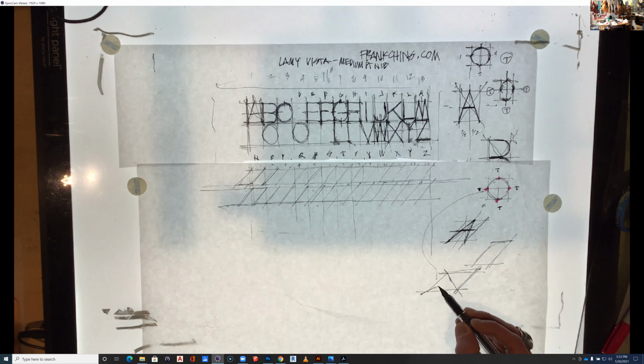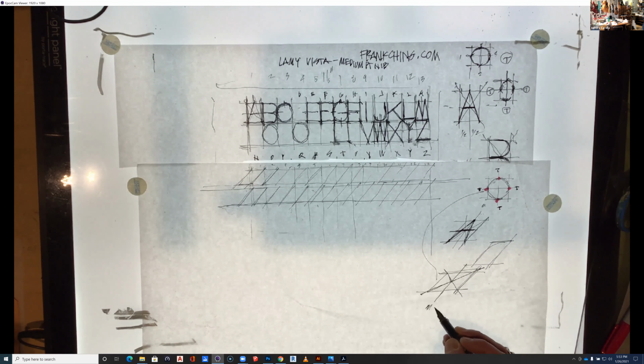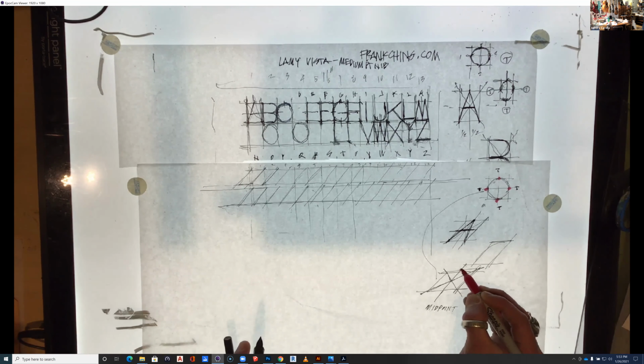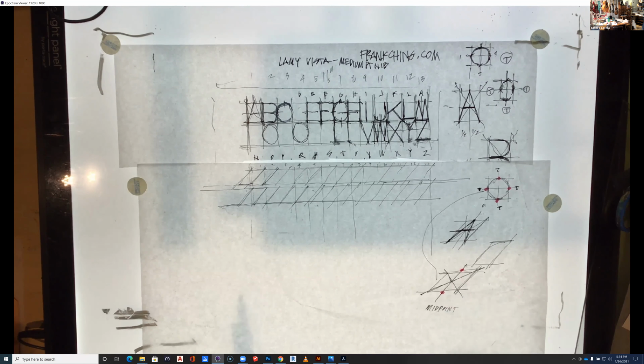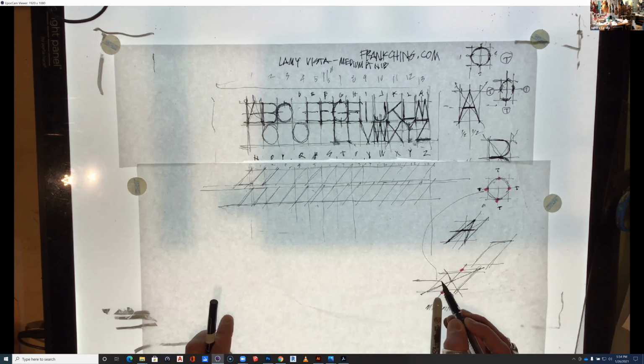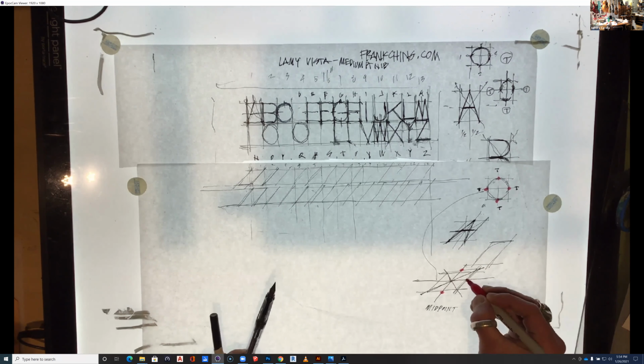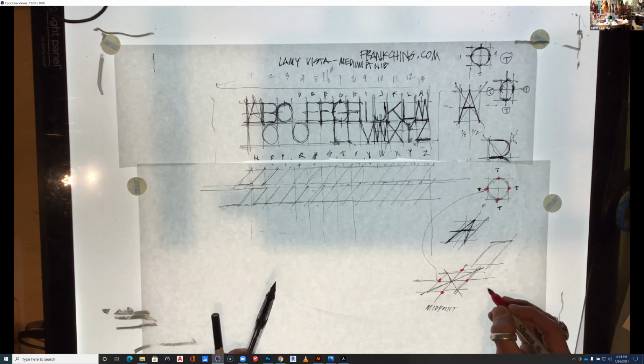The midpoint is still the same. The intersection of the diagonals still generates the midpoint. But notice what happens to the points of tangency.